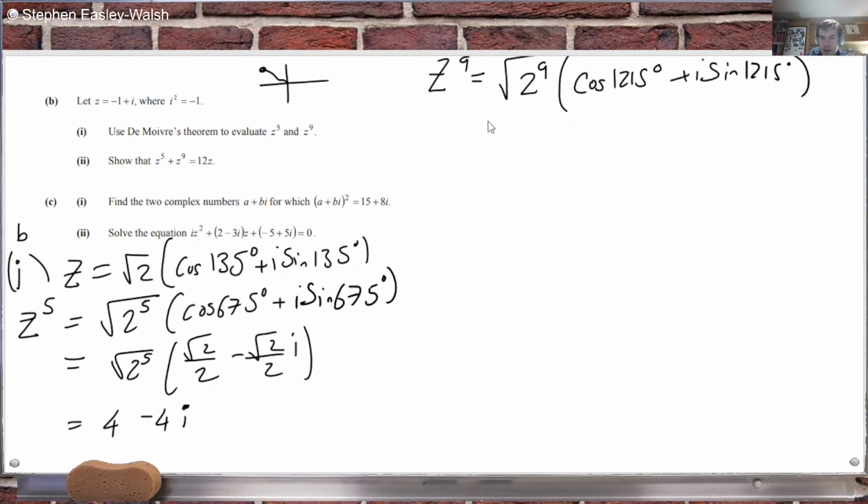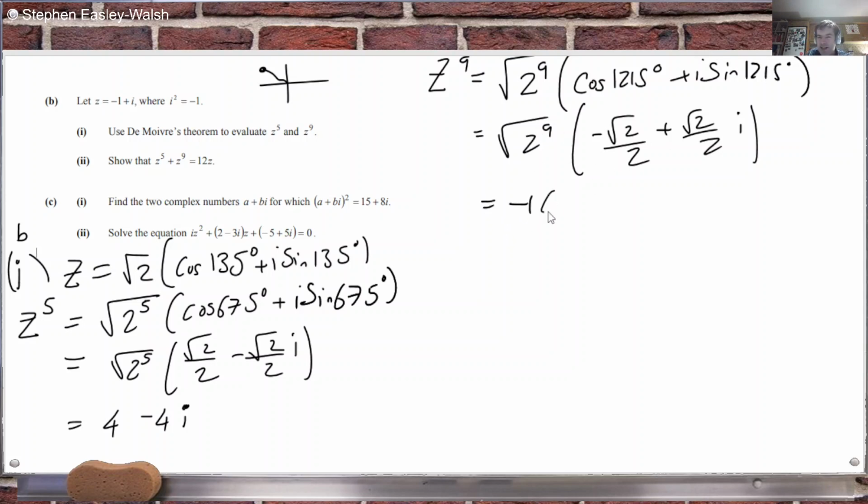So that would be root 2 power 9 times minus root 2 over 2 plus root 2 over 2 i. Take the root 2 out, that would be root 2 power 10 over 2, root 2 power 10 is 32, yep, 32, divided by 2, so that's minus 16 plus 16i.